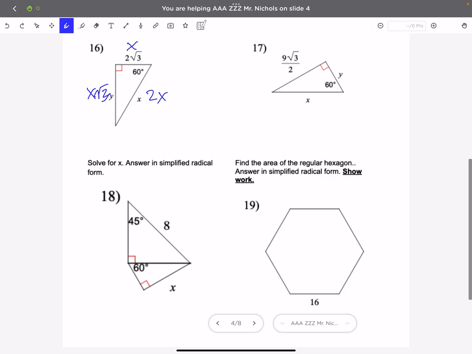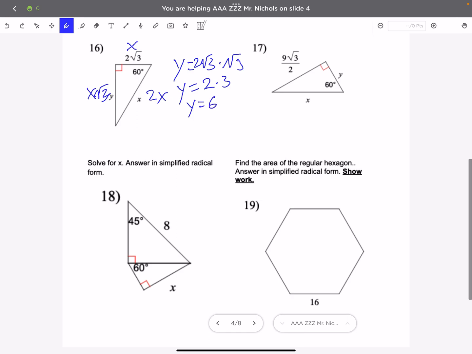So here, if I'm going to do that, y is equal to 2 root 3 times root 3, right? Because we're taking whatever our short leg is and multiplying by root 3. And so that's just equal to root 3 times root 3 is just 3, times 2, and y is equal to 6.